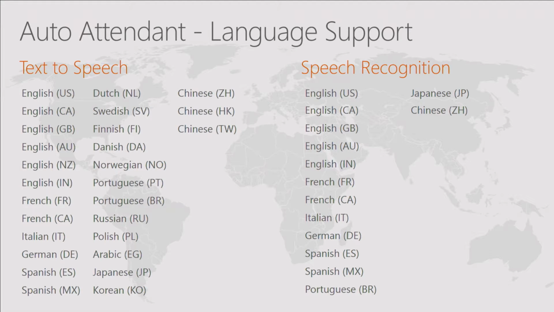We do support the entire group of Scandinavian languages. We also support Dutch, Portuguese, Russian, Polish. Out of Asian languages, we do support Japanese, Korean, Chinese, we support Mandarin, we support Cantonese as well. We also support the Mandarin as it is spoken in Taiwan.